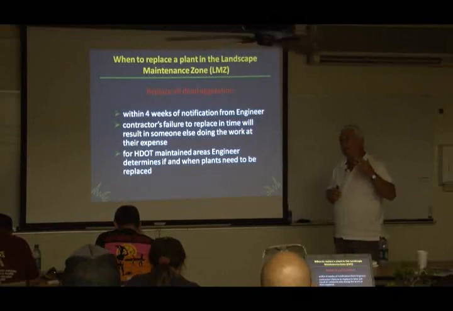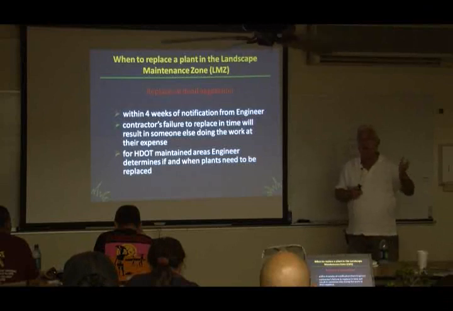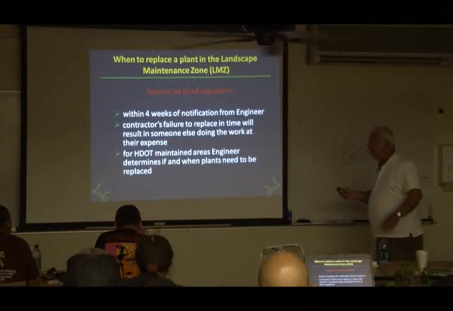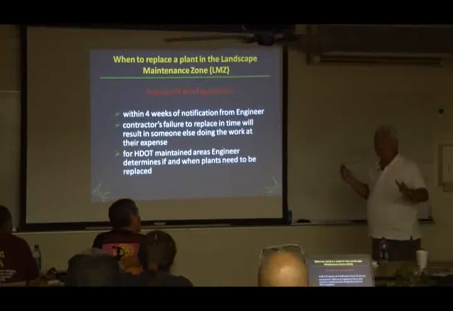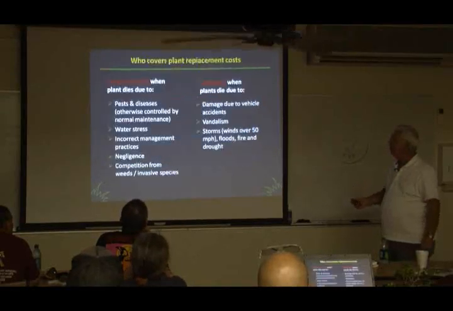If it's the result of an accident, a car runs over it, something beyond the control of the contractor, then the state will pay for it, but the contractor still replaces it and charges for that. It's not your fault, but you're still responsible for replacing it and getting reimbursed.